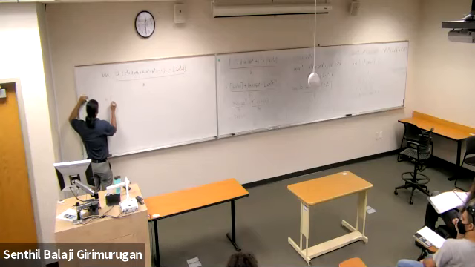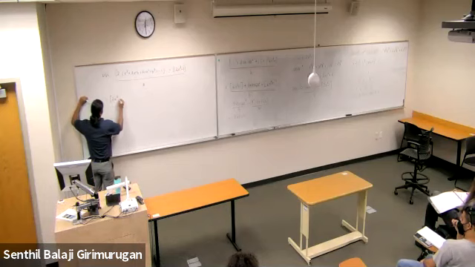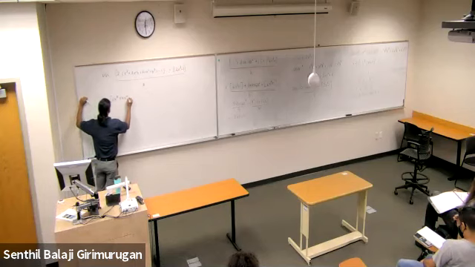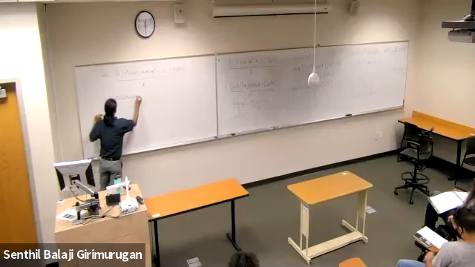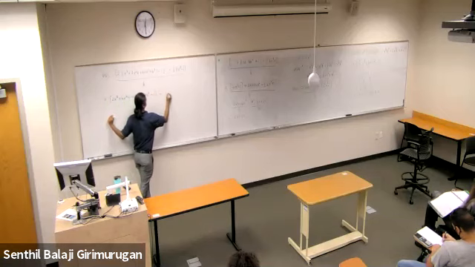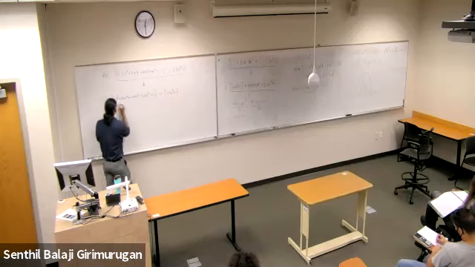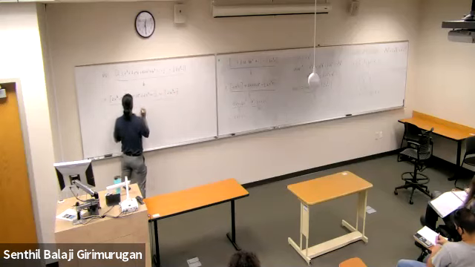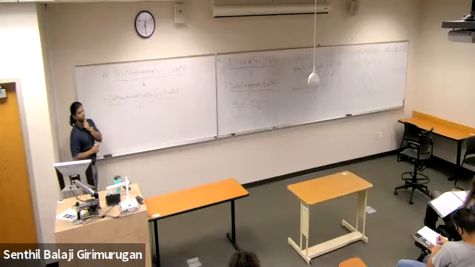Distribute, we will have 2x cubed, 6x squared h, 6xh squared, plus 2h cubed, minus 1, minus 2x cubed, minus 1, divided by h. Yes.